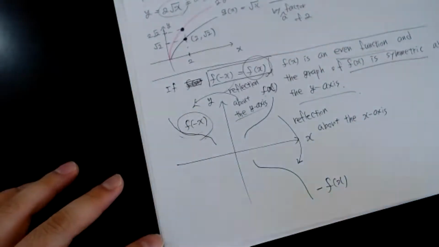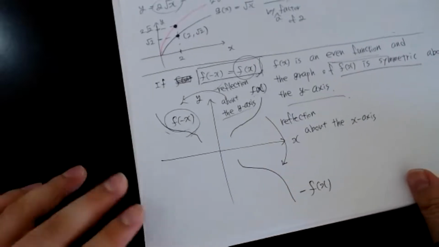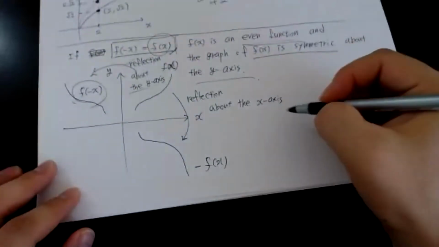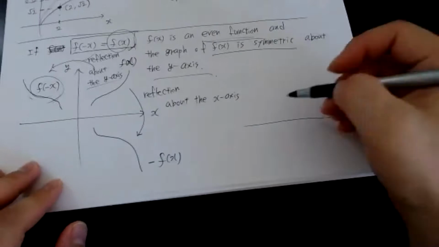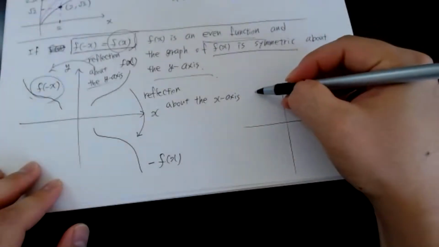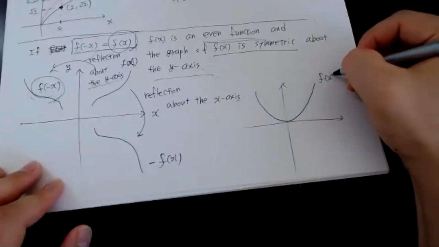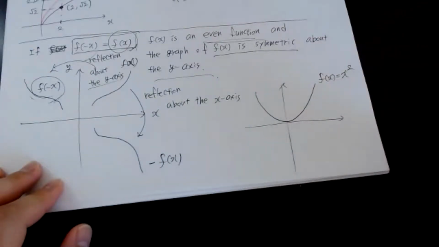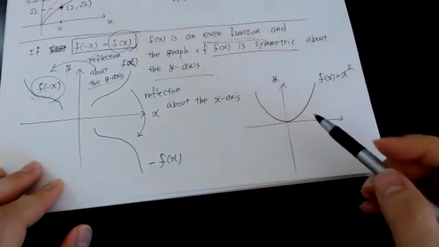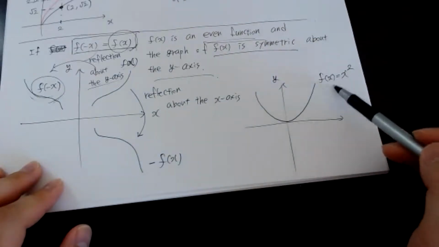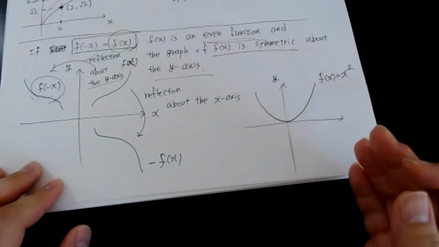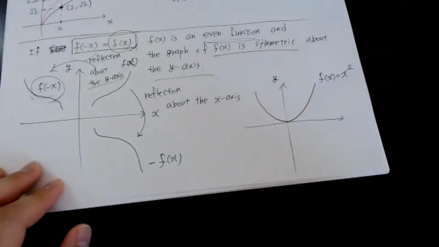Then in what circumstance are their graphs identical? An example is the square function, f of x is equal to x squared. When you flip the graph of f of x about the y-axis, we still get the same graph of f of x, right?